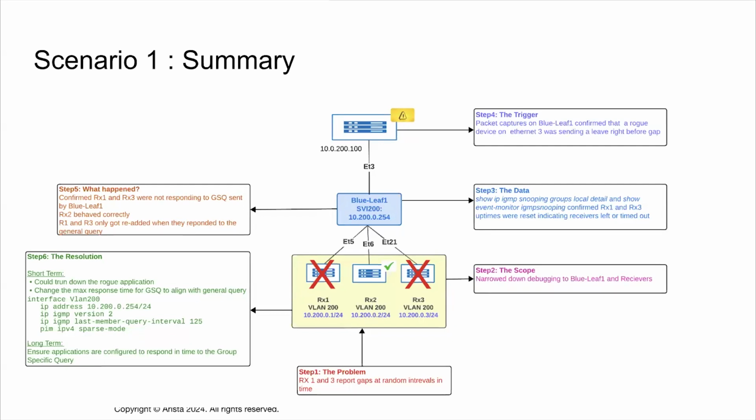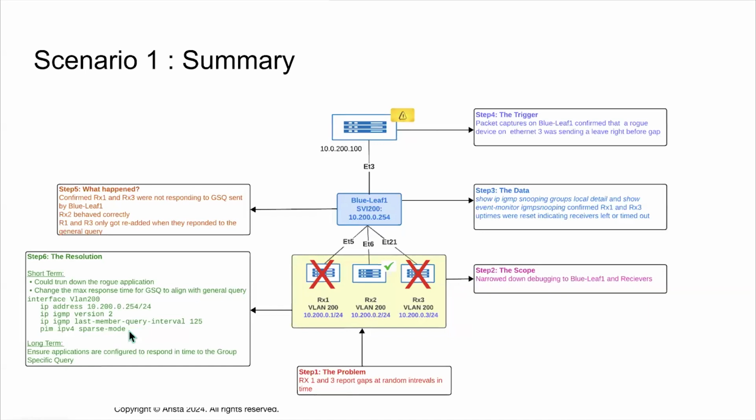Now, we know that it's not always immediately possible to update the application, so we also need some short-term solutions. The first one, of course, could be just shut down this rogue receiver, but that's not going to protect us from legit receivers rebooting or sending us a leave in the network, right? So till we wait around for the applications to get fixed, we can just adjust our max response time in the group specific query, which was 1 second by default, which we saw earlier.